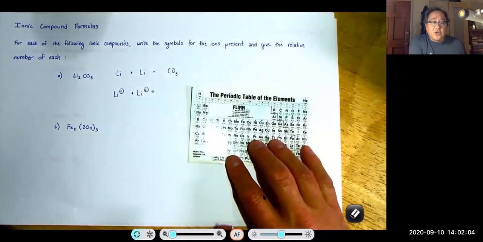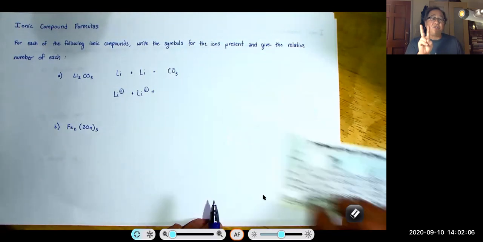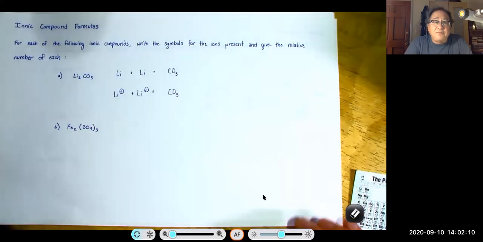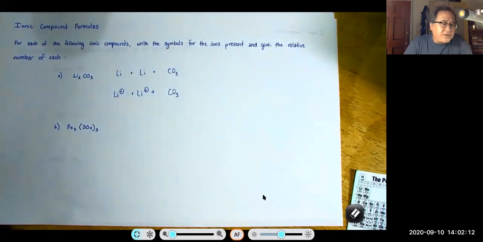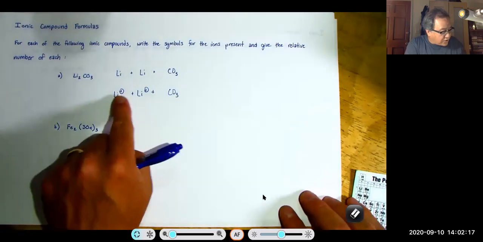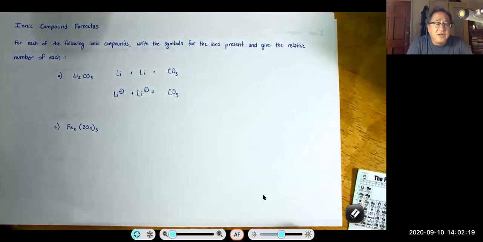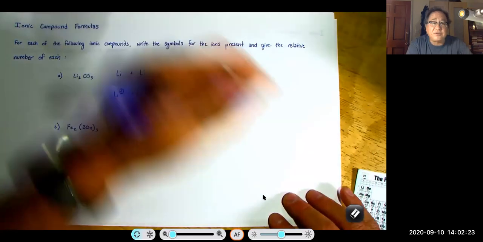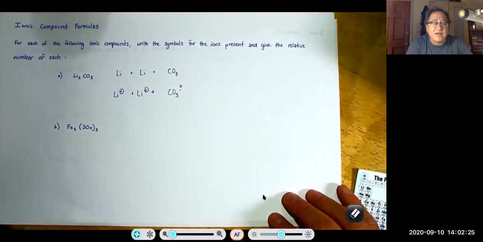Where do we get the charge for the carbonate? Well, we can get it 2 ways. The best way is you memorized it. But what's another way to figure out what the charge is? Well, the answer is all of these charges have to add up to 0. So +1, +1, and question mark has to equal 0. So what's the answer there for the question mark? And the answer is -2.